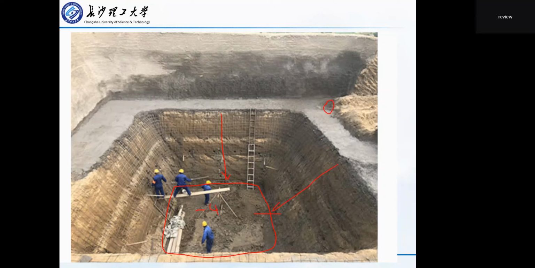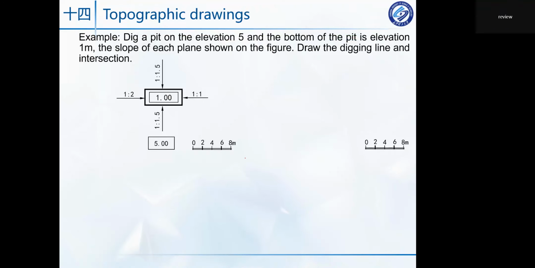So the aim for us is to draw this one so that we can tell the workers where we should dig. Where can we dig? So it's a very typical question about the topographic drawing. Okay, so that is a very old question.